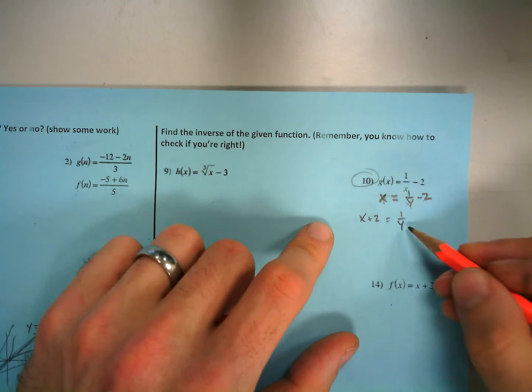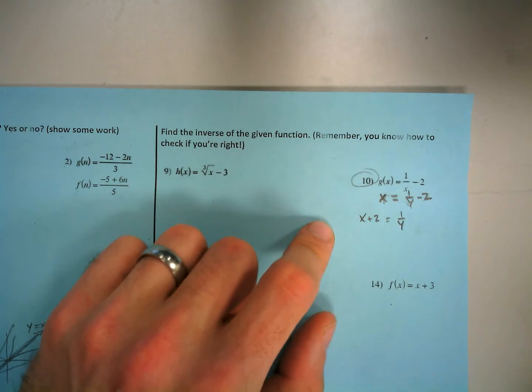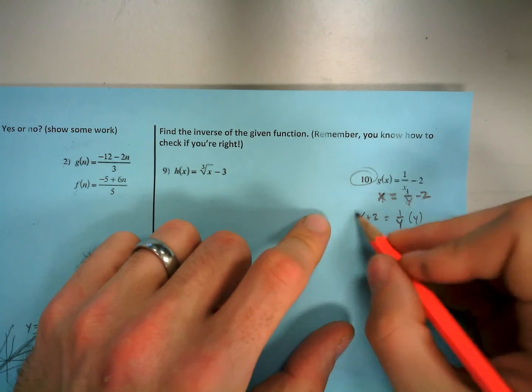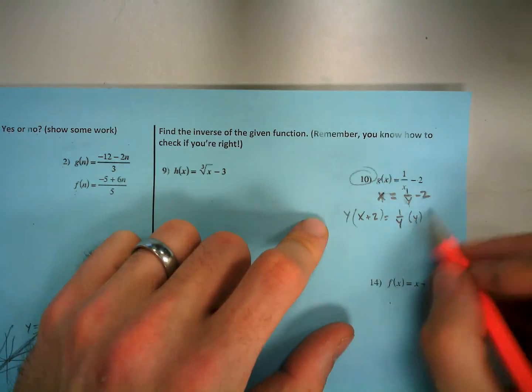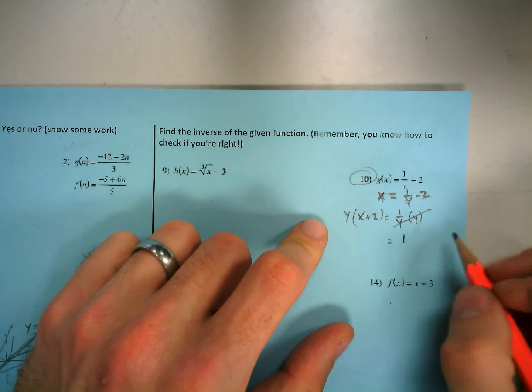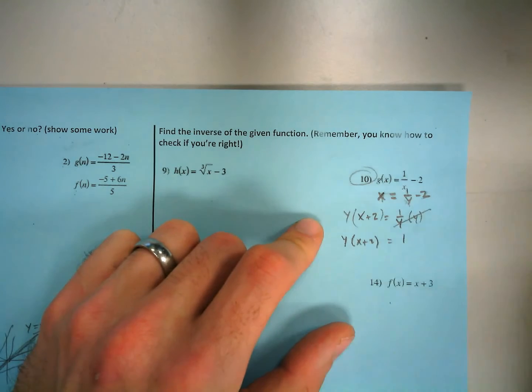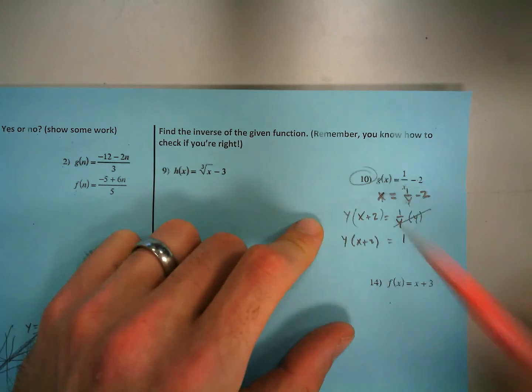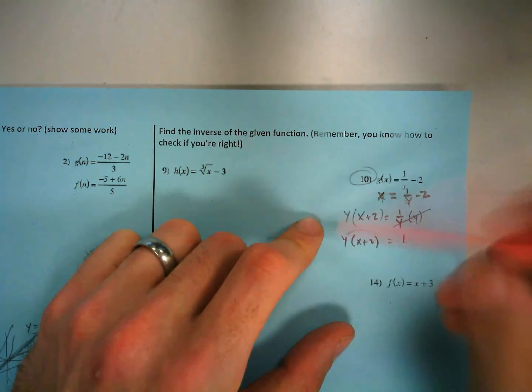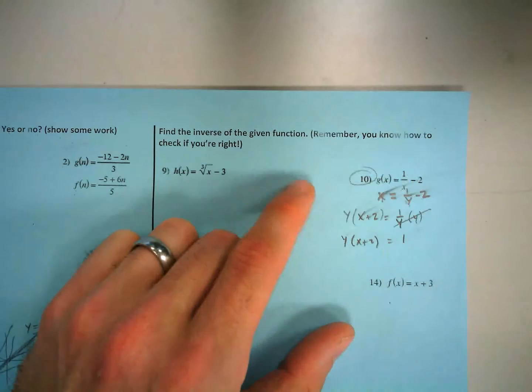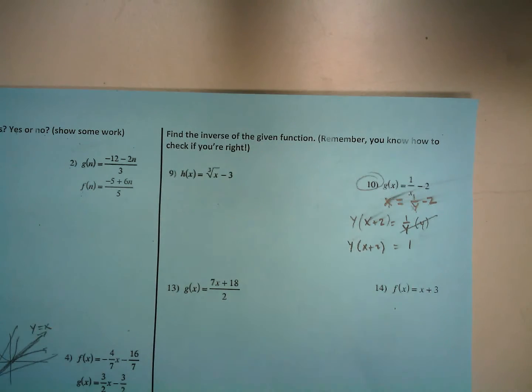Y is on the bottom. Well, how do you get it out from the bottom? Well, multiply by y on both sides. And we've got 1 left on the right-hand side. And y times x plus 2. Don't distribute yet. You might try to, but don't do that yet. Because we want to get y by itself.